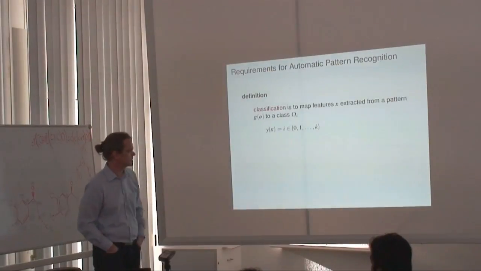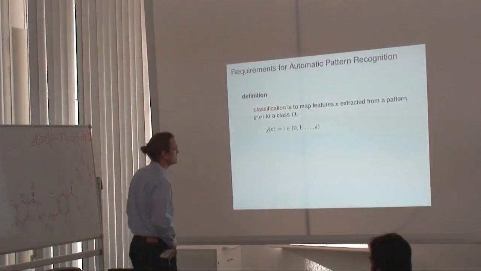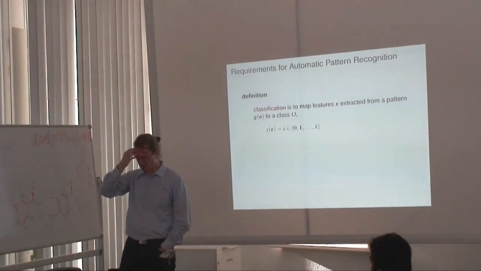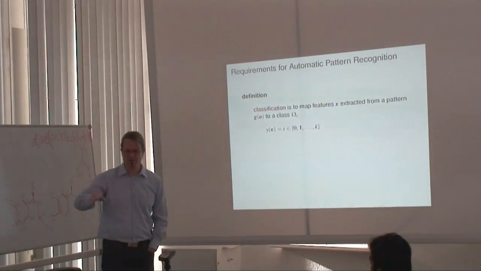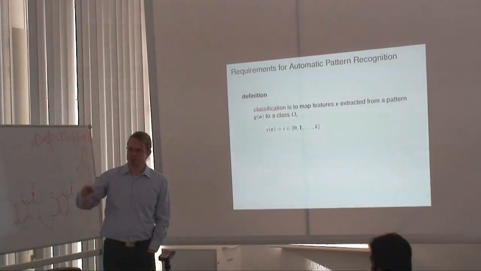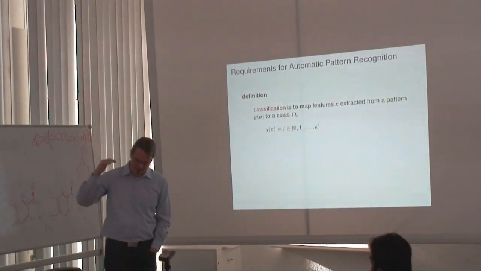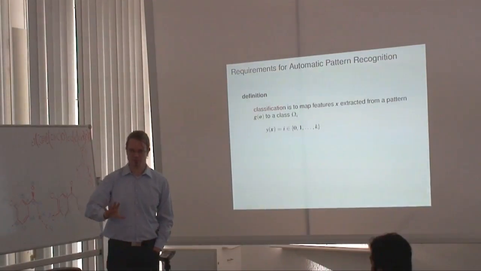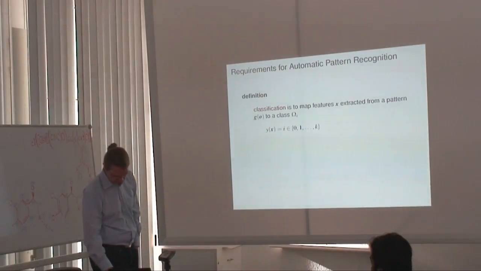Right? And again, whether we extract features from a pattern or we try to map the pattern directly, I will very likely use the terms features and patterns synonymously now. But you know that if I were to be precise, I should distinguish those. But I'm sloppy, right? So don't be alarmed.